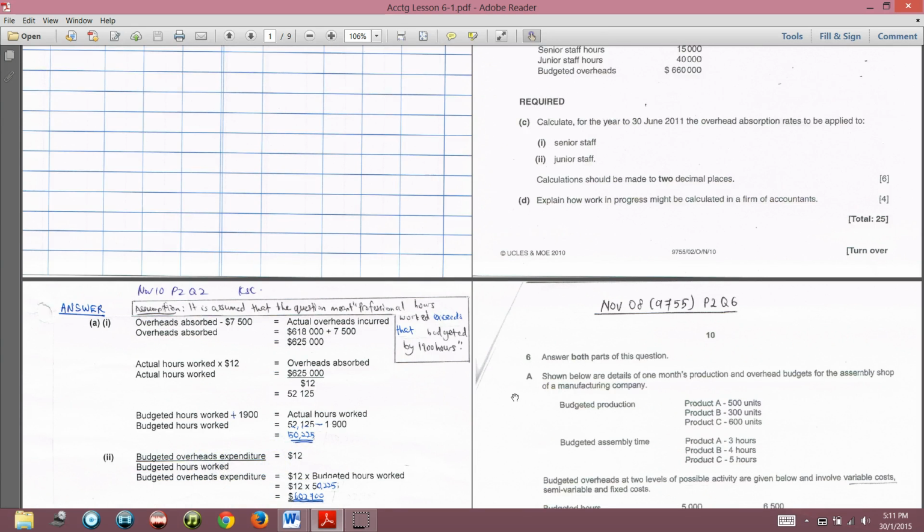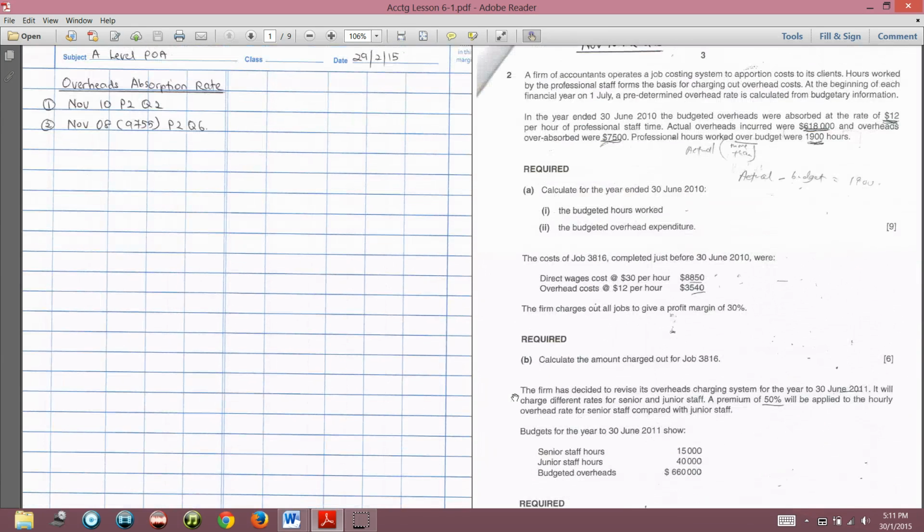So from all these things here, you are actually trying to solve a jigsaw puzzle, even though your mind is scattered around, so you just have to look at things. Professional hours worked over budget were 1,009 hours.